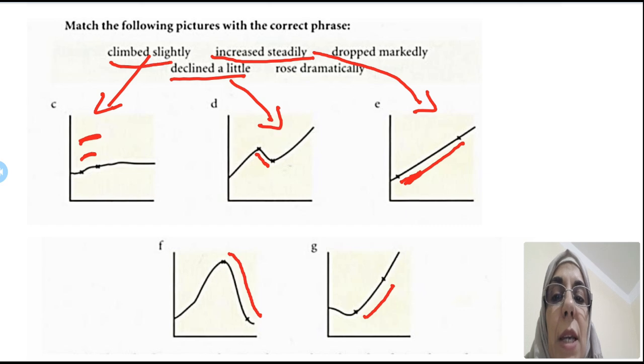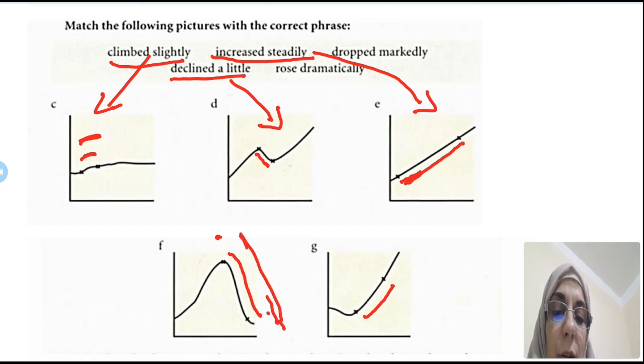There are two expressions that are remaining, dropped markedly and rose dramatically. So F, is it rose dramatically or dropped markedly? Certainly it is to drop, dropped markedly. It's a quick or a fast drop from the peak to the bottom.